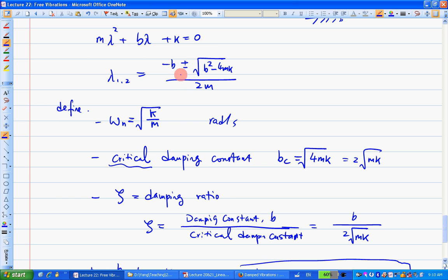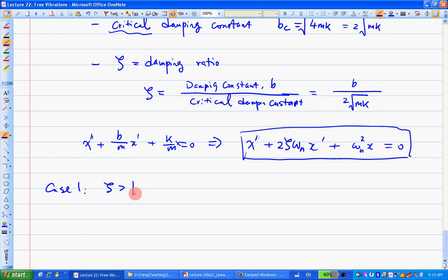So you have two real roots here. For this particular case, I call it an overdamped response.